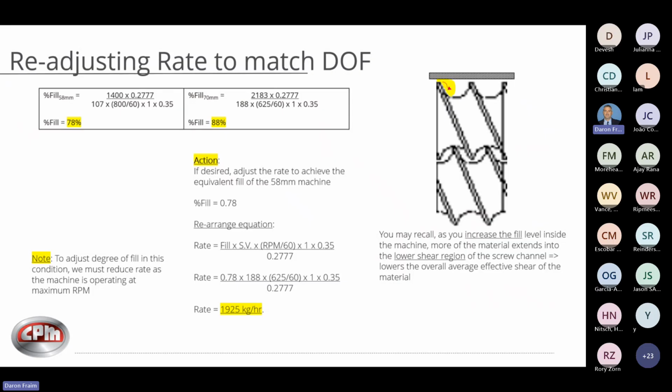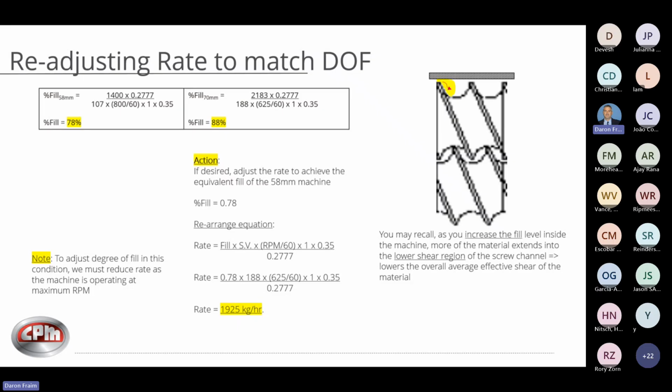You can see the percent fill calculation up top is your rate times 0.2777 divided by specific volume times your operating RPM divided by 60 times gravity times efficiency. But if I rearrange that equation and solve for my rate, you can see here, I want to put that 70 at 0.78. In the calculation, it's decimal form. And so 0.78 and proceed with the calculation.